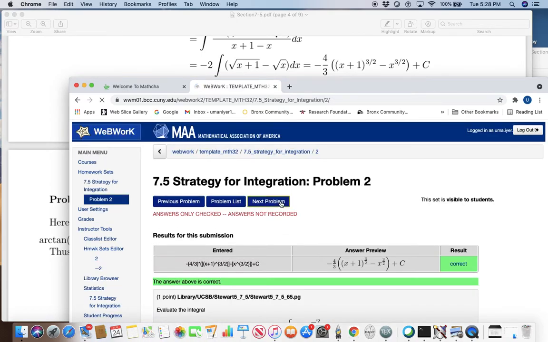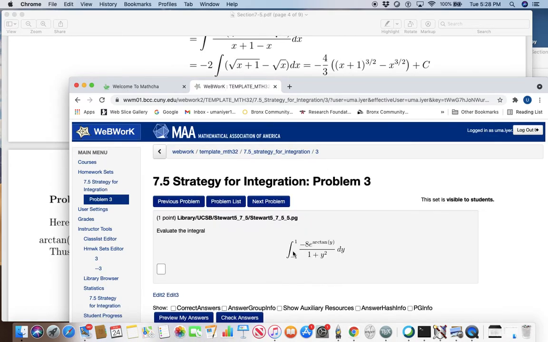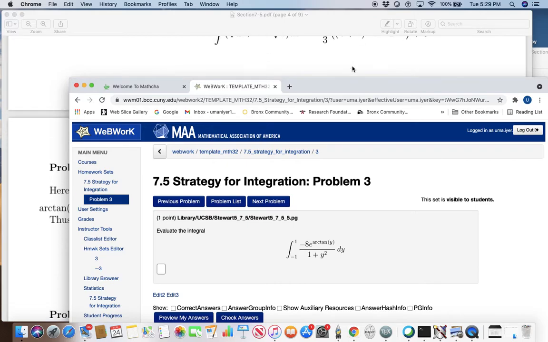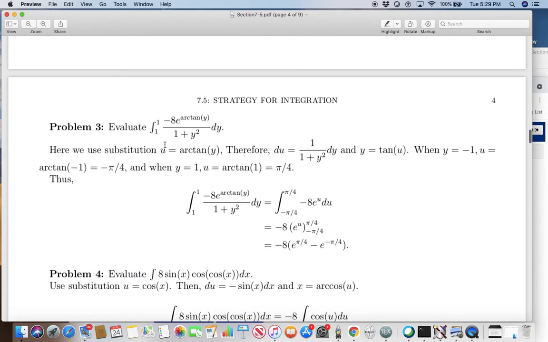Good. Next problem. Integral from negative 1 to 1 of negative 8 e to the arctan y over 1 plus y squared dy. Notice arctan y and 1 plus y squared are related. Set u equals arctan y, then du is 1 over 1 plus y squared dy, so all of that is du.